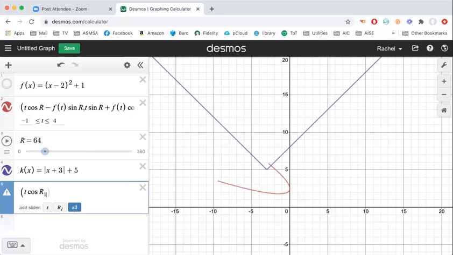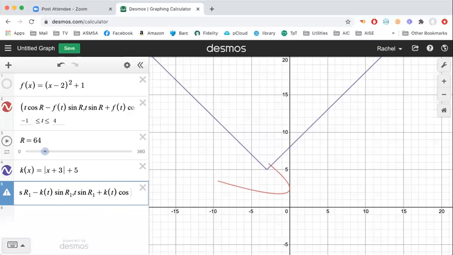So now this is my rotation angle r sub 1: t cosine r sub 1 minus k of t sine of my rotation angle r sub 1, comma, t sine r sub 1 plus f of t, oh sorry, k of t, cosine of r sub 1 in my parametric equation.